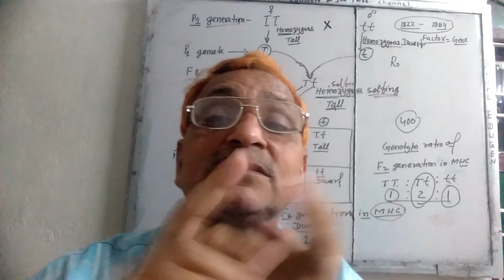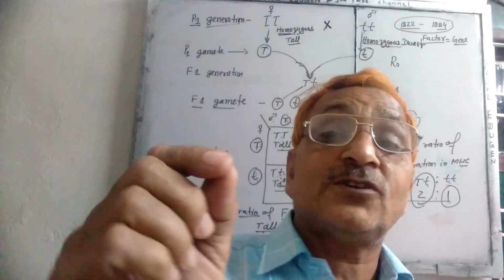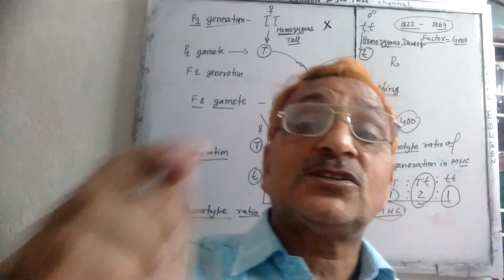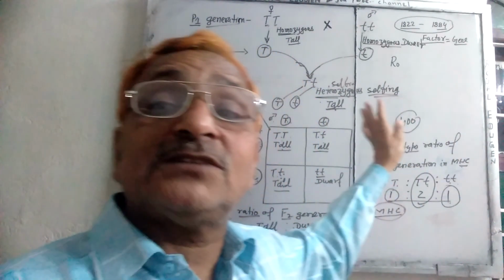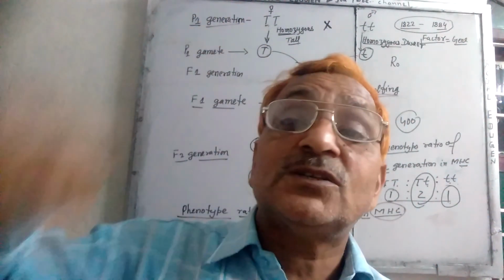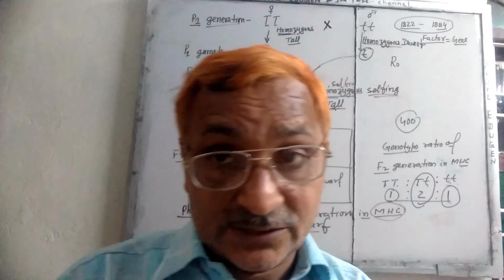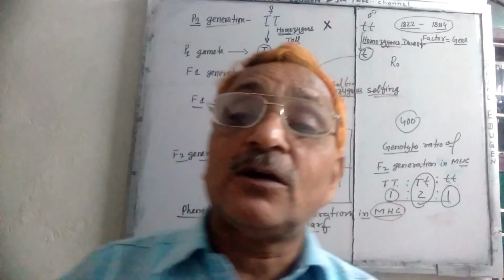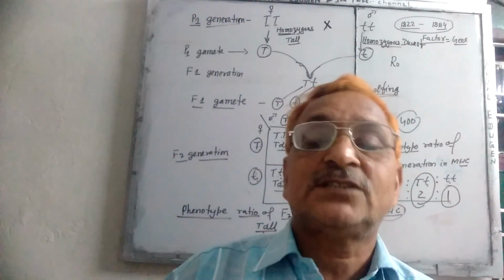This one is one gamete, this one is another gamete. So gametes are pure for the traits. Gametes contain only one factor, not the double factor. This is the reason that whenever you write the gametes, you must circle them, so that you write the haploid set. So in this way, Mendel's law of dominance and law of segregation, you can easily answer this question.